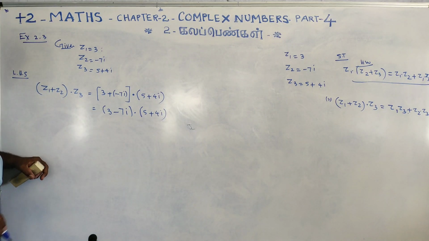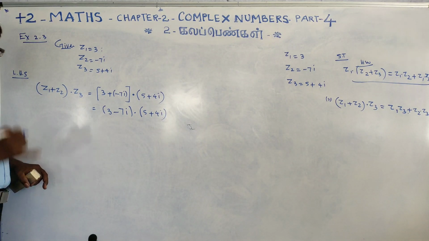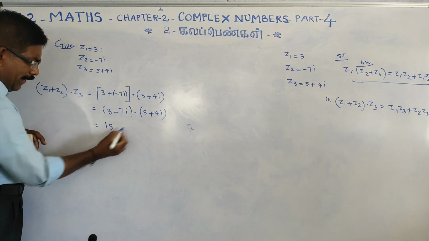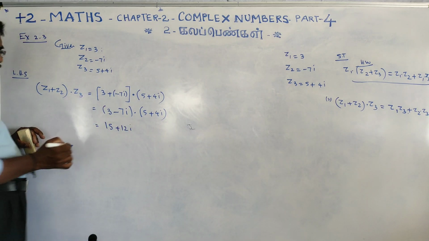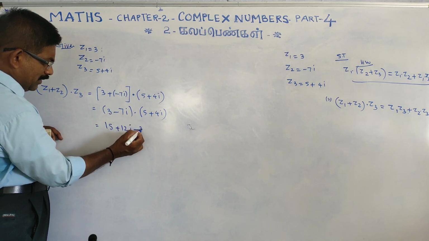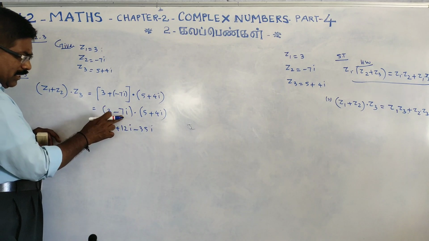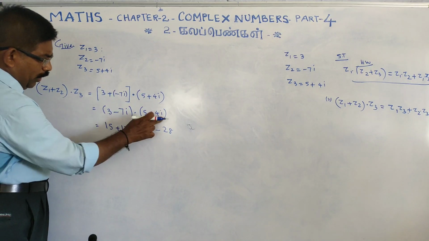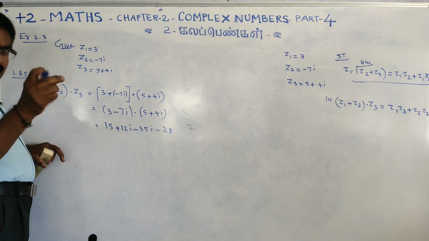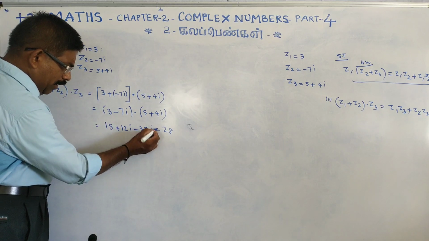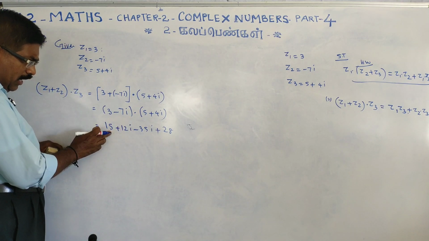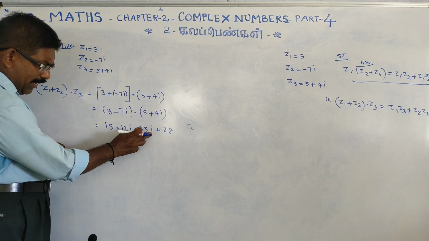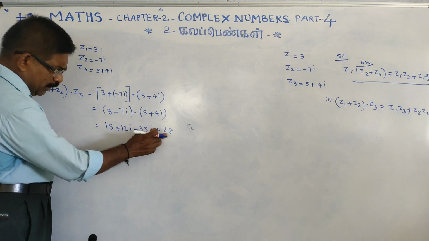Now we multiply two complex numbers. இரண்டு கலப்பெண்களையும் பெருக்க வேண்டும். 3 into 5 is 15. 3 into 4i is 12i. Minus 7 into 5 is minus 35i. Minus 7 into 4 is minus 28, I into I, I square. The value of I square is minus 1, so that we make positive. 15 plus 12i minus 35i plus 28.